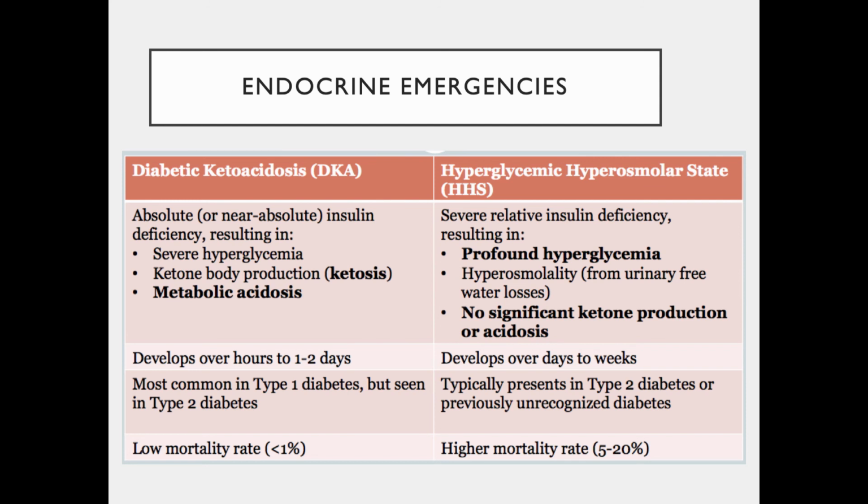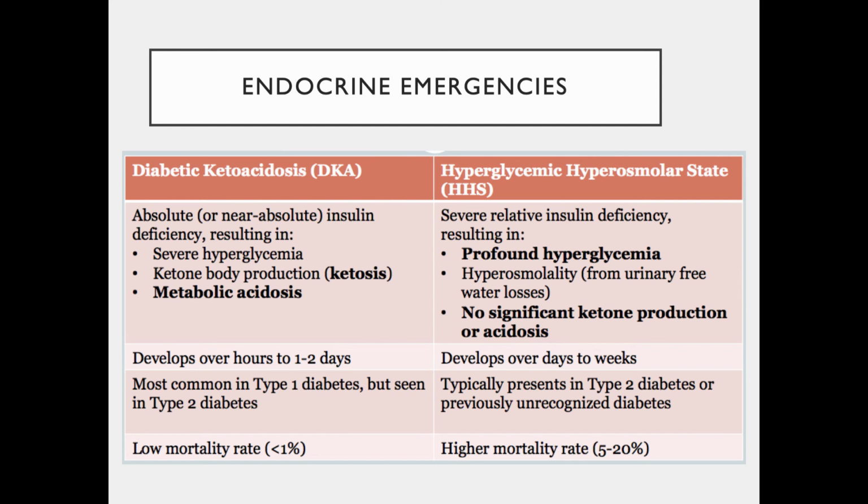So the next slide tells us a little bit more about the reason that these things happen, but know that there is a higher mortality rate with HHS than there is with DKA. In DKA, we tend not to see such high levels of blood sugar. It can happen at as low as 350, but typically they're in the 500 range, sort of in that area.